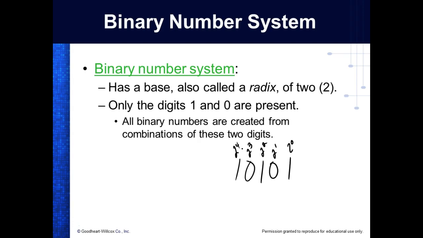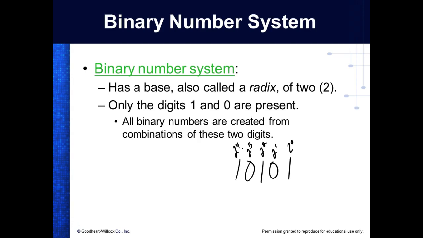This is 0 times what? 2 to the 3rd. This would be 1 times 2 squared. This would be 0 times 2 to the 1st. And this would be 1 times 2 to the 0. Okay, everybody's okay so far?